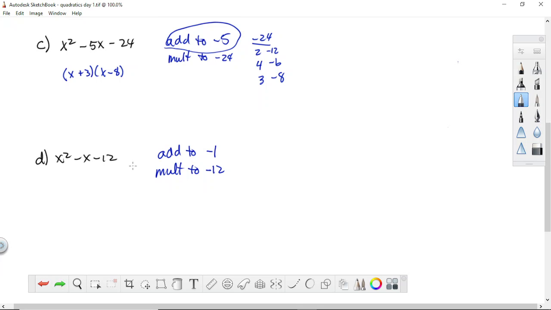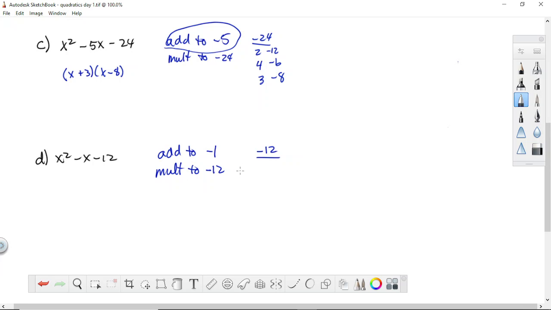So we get a lot of possibilities for this one, right? A lot of things multiply to make negative 12. But we want the one that adds to make negative 1. So you think about it, we can get this pretty quick.